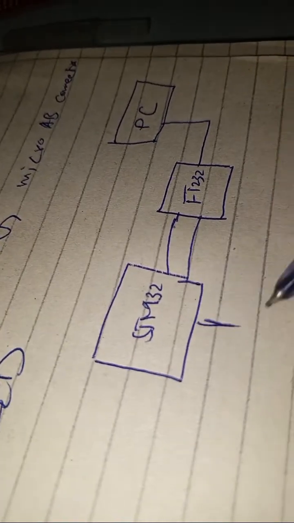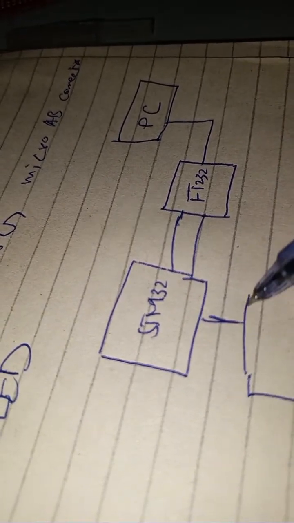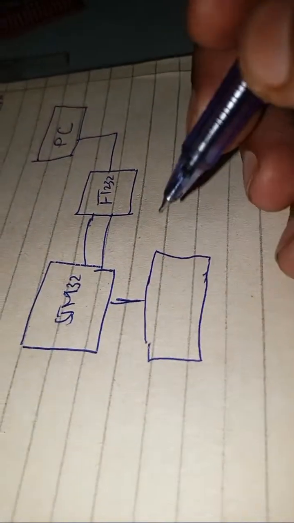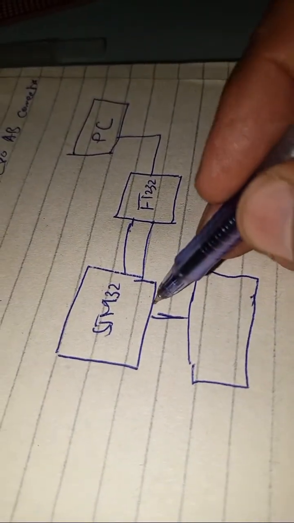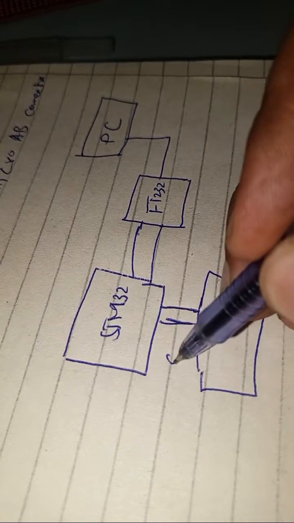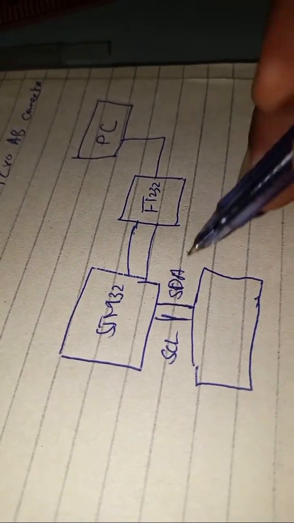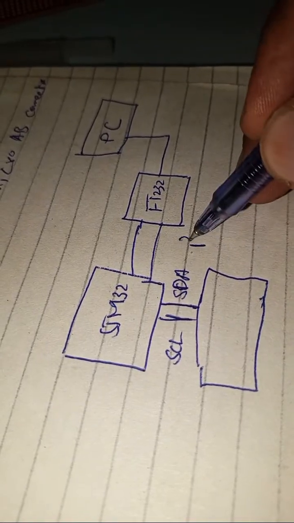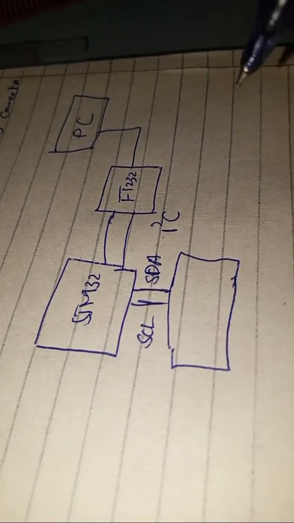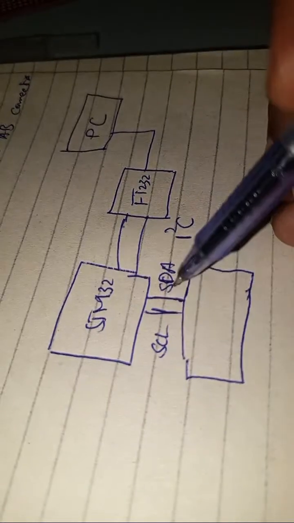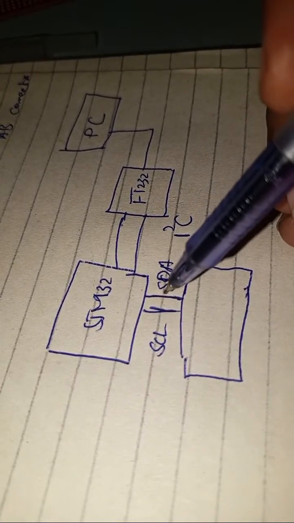For example, we have an accelerometer. If I add some external accelerometer on SCL SDA, this is the I2C interface. I2C is a two-wire interface, so we just need two wires.